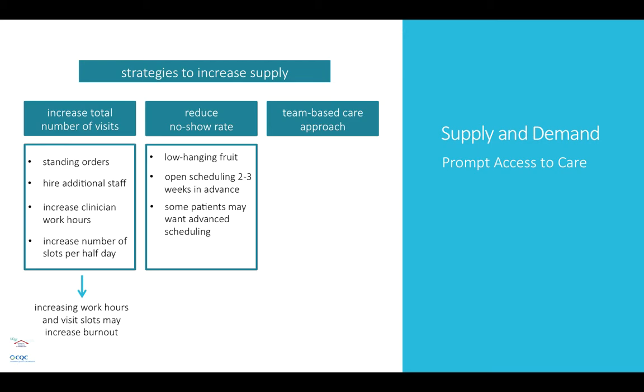If demand outstrips supply of appointments, this model may not increase access. Other strategies to reduce no-show rates are to provide reminder emails, text messages, or calls, and to offer an easy way to cancel appointments, such as a text option or a dedicated line for cancellations.